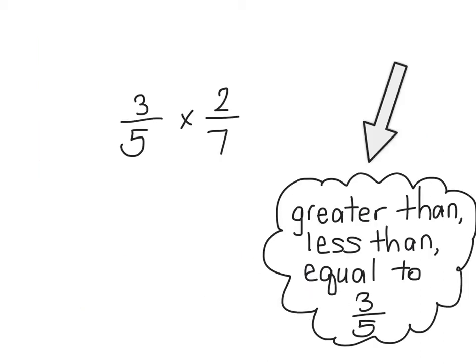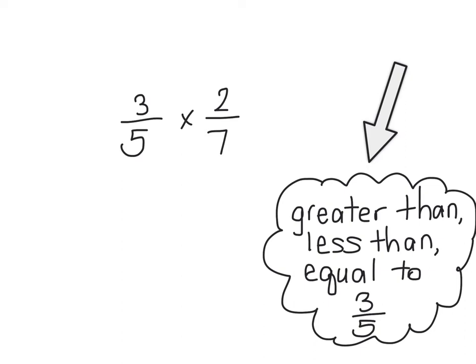Okay, so 3/5 times 2/7, is that greater than, less than, or equal to 3/5? If I have 3/5 and I multiply it times 2/7, is that greater than, equal to, or less than 3/5? Like I said, anytime you multiply a number by a fraction, you're going to get a smaller number. So if I multiplied 3/5 times 1, I would get 3/5. To get larger than 3/5, I'd have to multiply it by a number greater than 1.